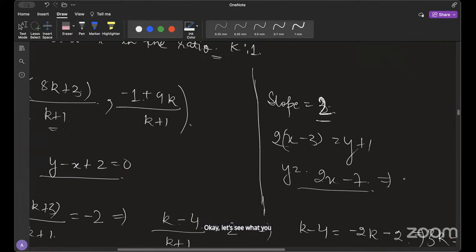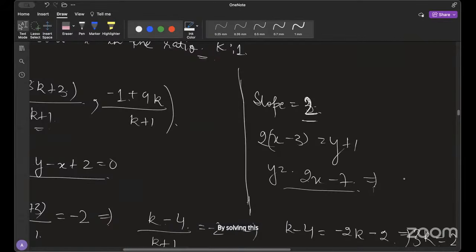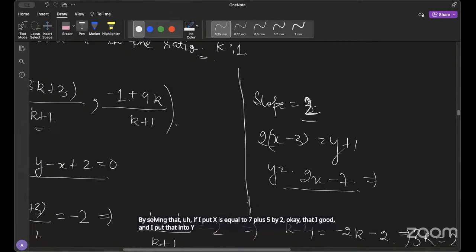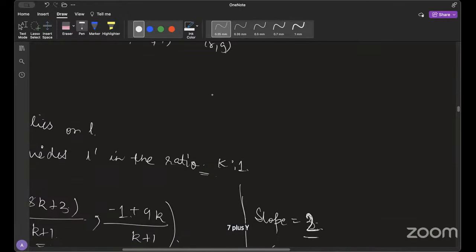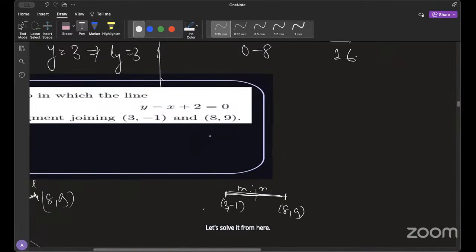Okay, let's see what you got. What did you get by solving this? By solving that, if I put x equal to 7 plus y by 2 into y minus (7 plus y by 2) plus 2 equals 0. Let's solve it from here. It's x minus 2 from here.